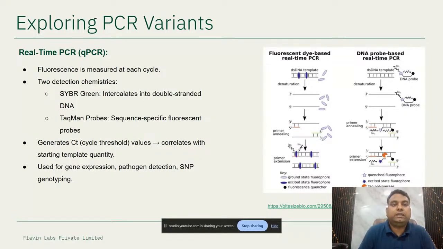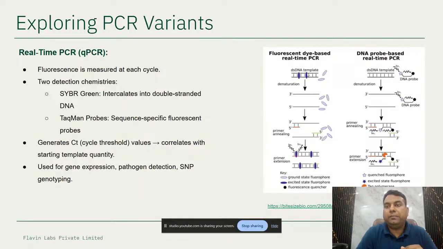There are two detection chemistries which are used. First is SYBR Green, and another one is TaqMan probe. SYBR Green is a dye that intercalates with your double-stranded DNA. Whenever it intercalates, it emits a signal which is recorded by a recorder and translated in terms of a CT value or a graph.